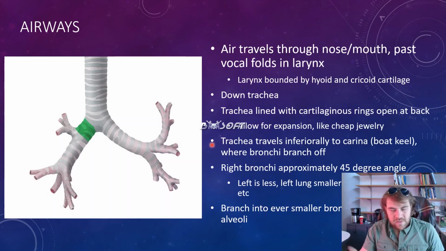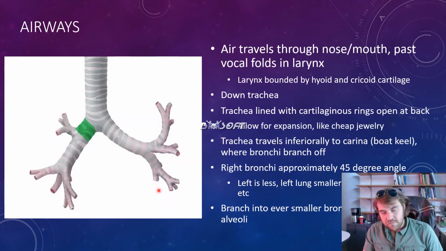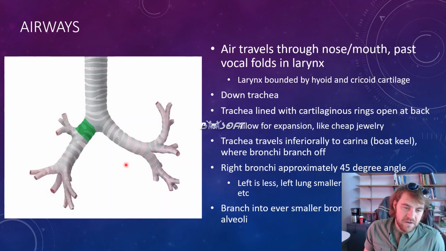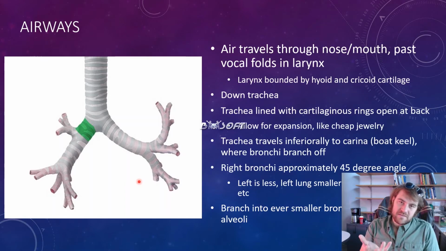It's either more or less depending on where you're measuring from, but it comes down and shoots off a little bit more dramatically than this one does. And that's because it's accommodating the heart over here on the left side, even though it's on your right. So the heart has to fit into this structure.